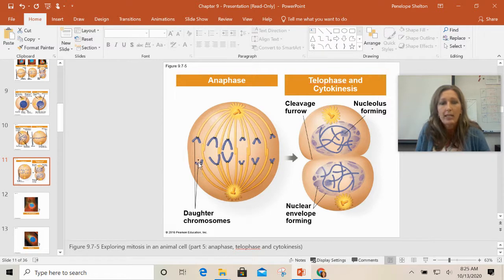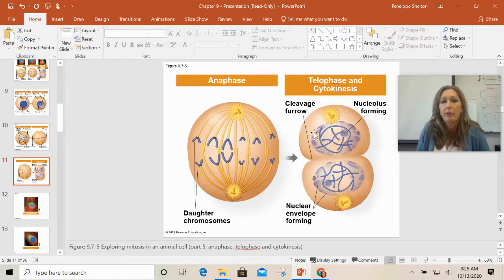And so what ends up happening is the kinetochore, that actual enzyme that was attached to the kinetochore fibers, starts eating its way to the opposite pole. This kinetochore is actually munching on the tubulin and eating its way to the opposite pole. So in anaphase, my sister chromatids have now separated and they're moving away from each other to opposite sides of the cell.